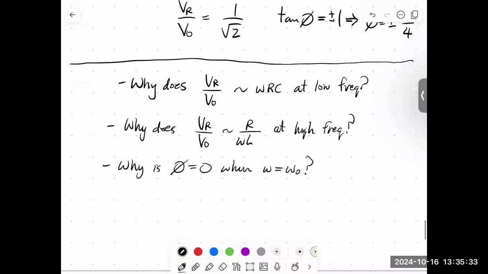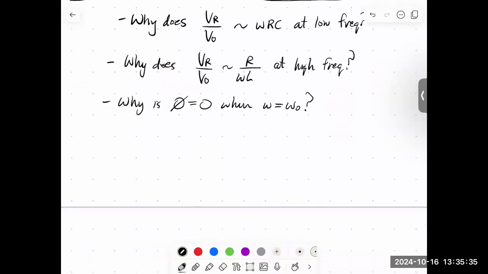Okay, so let me draw the circuit. We have L and C and R, something like that. And then we have a current, I, in our circuit.